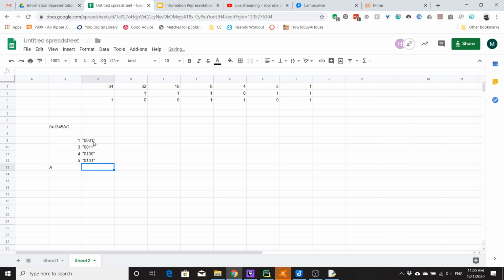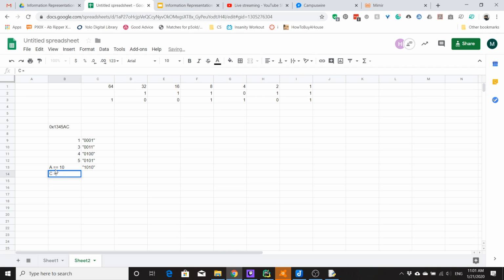A is 10, right? So are there any 8s in 10? Yep, you have 1 eight, and after you take out that 8, you're left with 2. So any 4s? Any 2s? Yep. And then we're at 0, so there's A. So C represents, right? So A is 10.